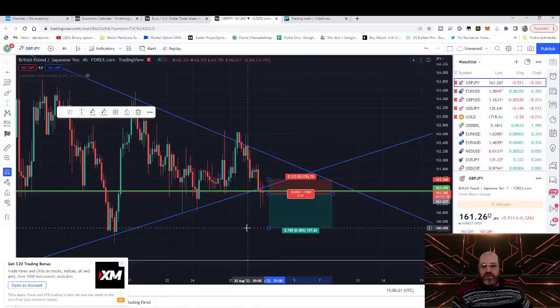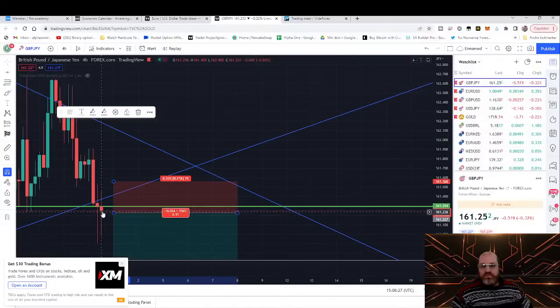We clearly can go down to this area. So that's a trade we can go for. If this one closes the way it is right now in 1 hour 51 minutes, that opens for us a short trade.